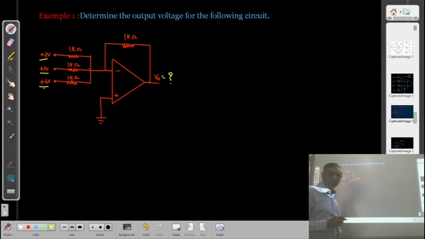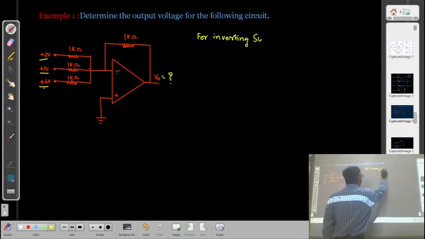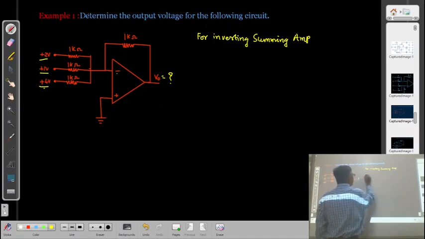So this example is for an inverting summing amplifier. What is the expression for the output voltage?